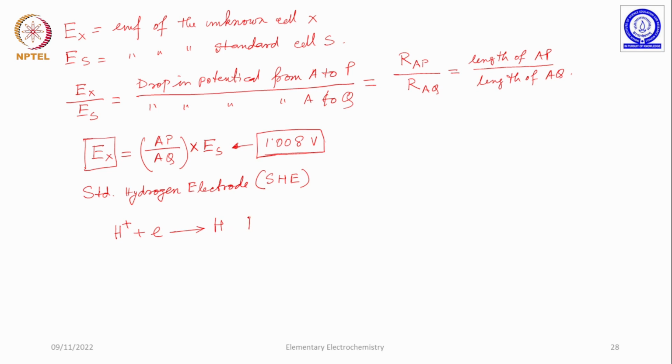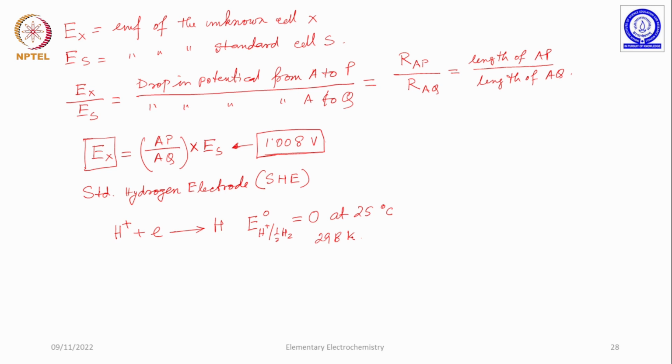The EMF of this reaction at standard state, that is E0 of H plus to half H2, is taken as 0 at 25 degree centigrade, that is 298 Kelvin temperature. This is conventionally taken as 0 in electrochemistry.